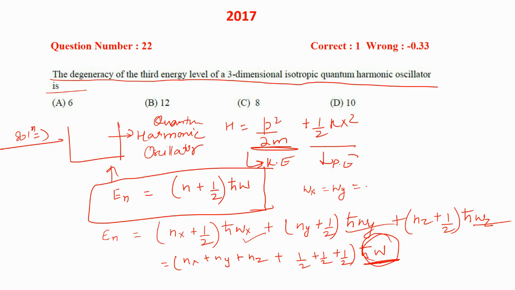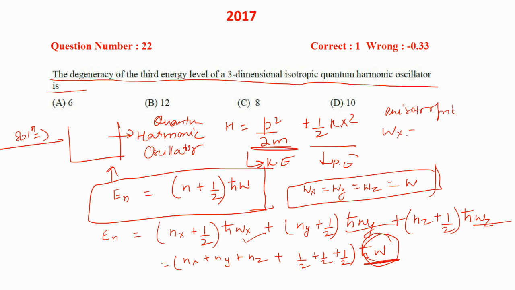Isotropic means the property will not change when we change the direction. So omega x, omega y, omega z all equal omega. If it is anisotropic, then omega x is not equal to omega y, which is not equal to omega z.